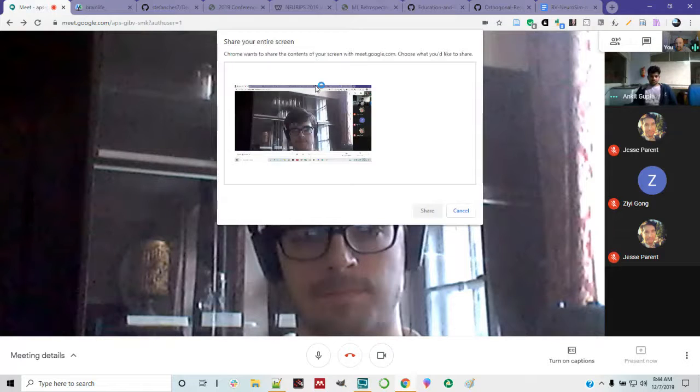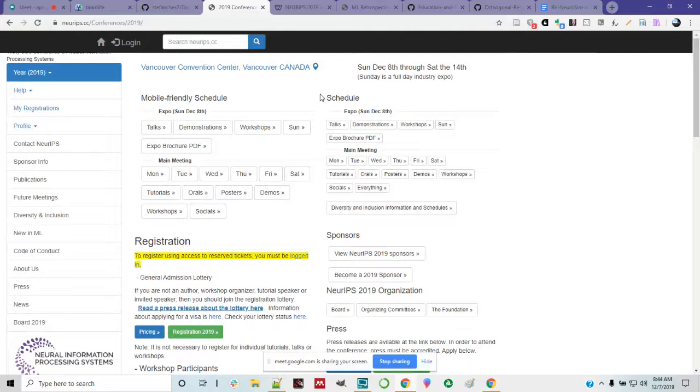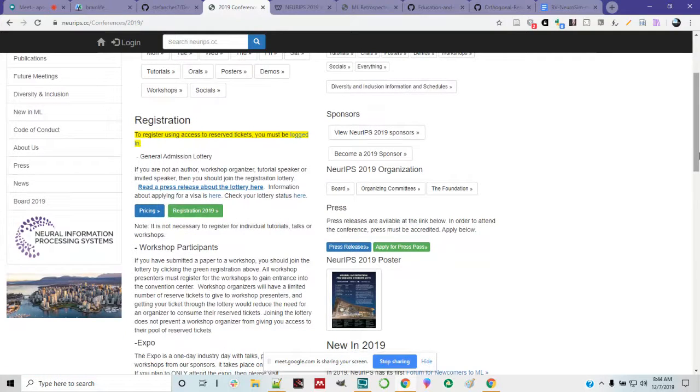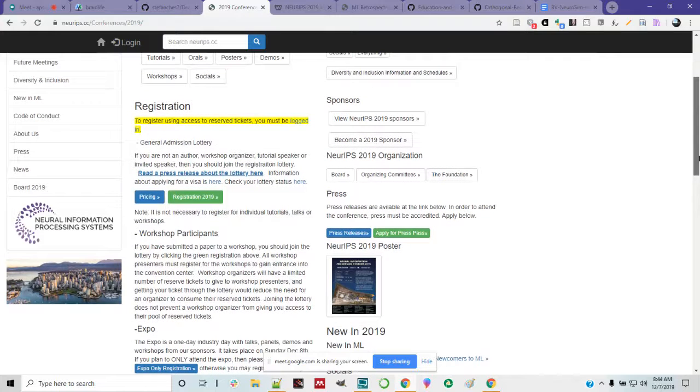So NeurIPS, of course, used to be the NIPS conference, which is a very old conference. It was started in the 90s, and they were interested in simulating the brain. But this has become more of a machine learning conference over time.